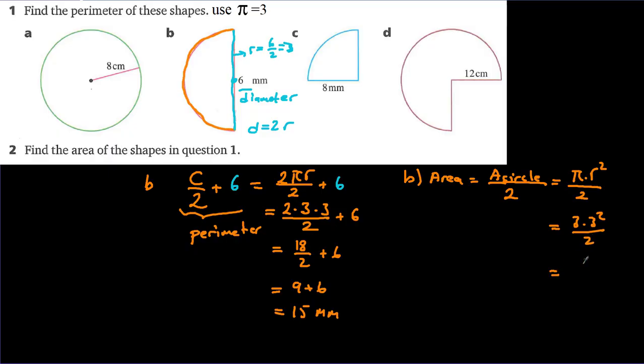That's 3 times 9 divided by 2, 27 over 2. I'm going to put the unit now, millimeter square. As I mentioned in previous videos, there's no need to convert this to decimal. We are going to keep it like this.